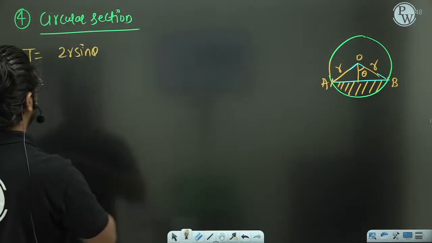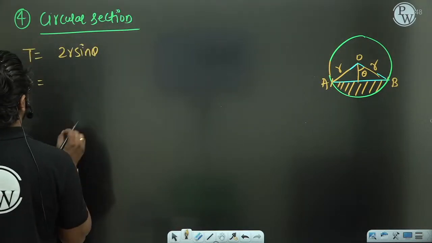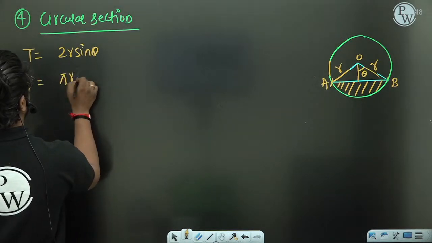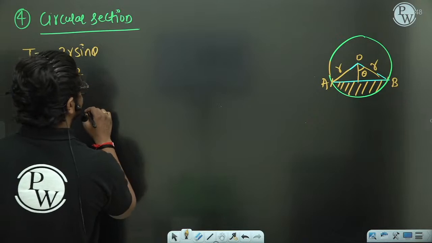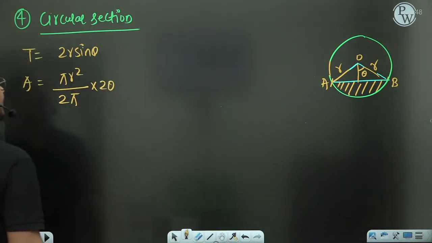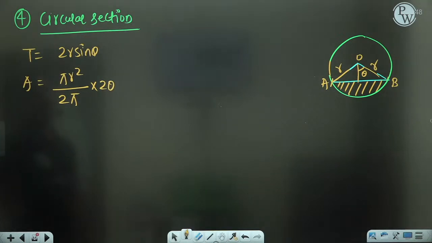So that is the reason I am writing 2r sin theta, small r. Area will be pi r square divided by 2 pi into 2 theta. This will give you the sector area.